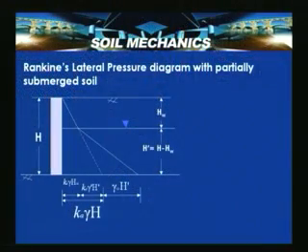But this situation can be prevented by providing adequate drainage provisions so that the water pressure remains 0. Otherwise, if the water pressure prevails, this is how we have to consider it in computing earth pressures.